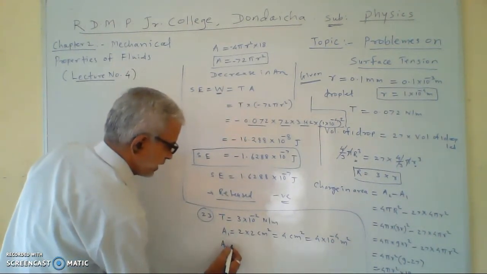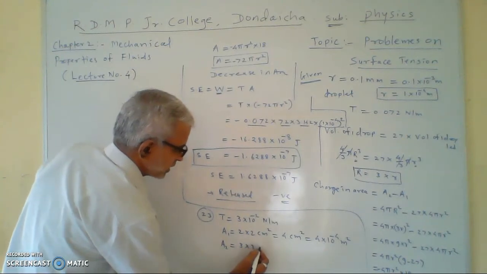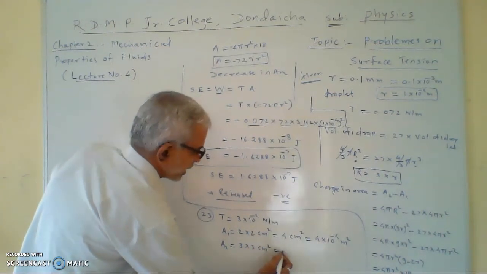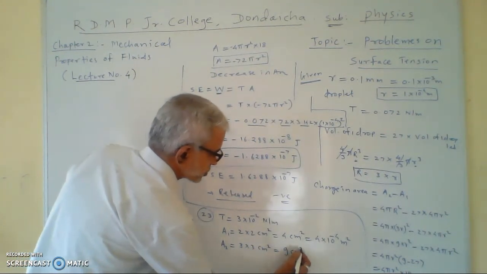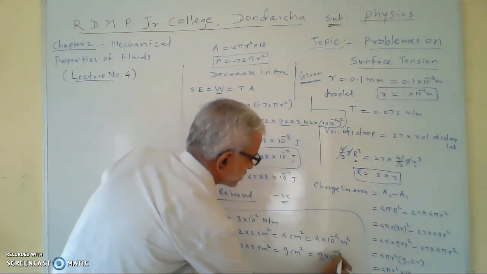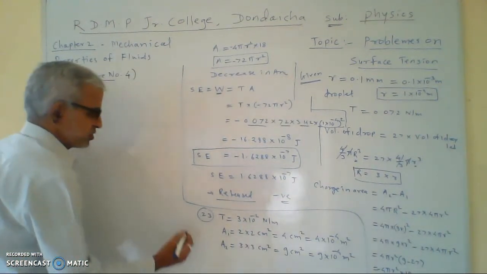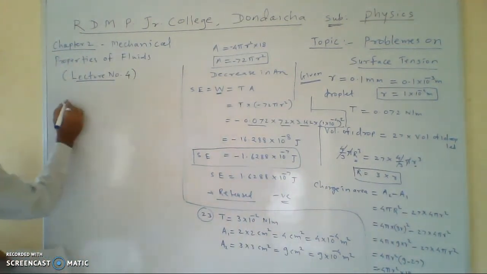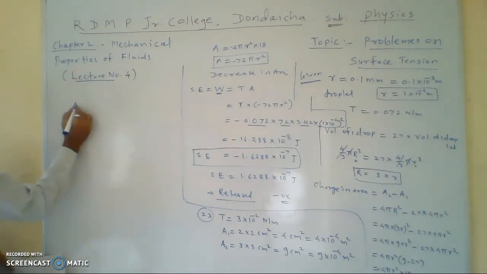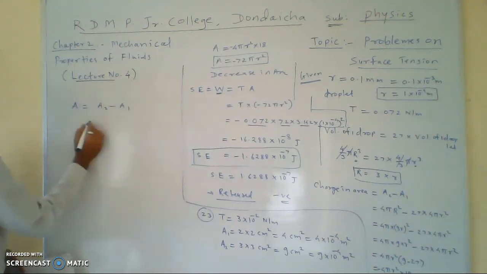Then the second area, final area, is given as 3 by 3 centimeter square, and it is 9 centimeter square, equal to 9 into 10 raised to minus 4 meter square. This is the final area. And then the change in area, A, is equal to A2 minus A1.